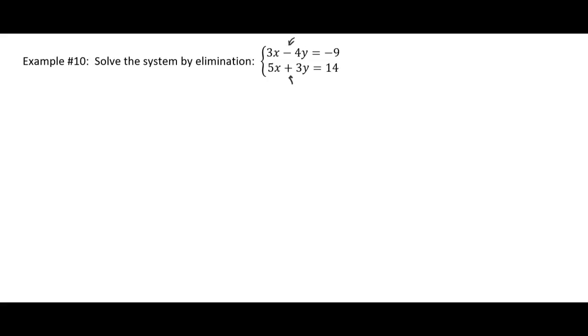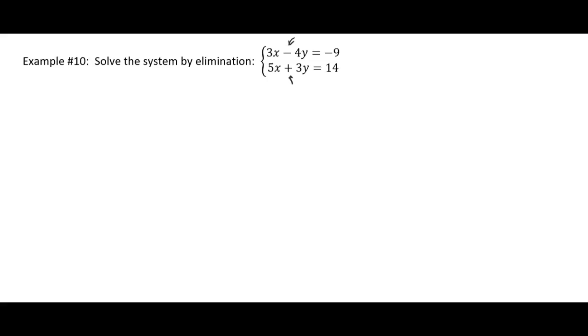I can choose the x, but it would be a different amount of work. And I don't think I'll do this problem twice. So I'm just going to do it once. Okay, the top equation, let me explain what happens. I can't eliminate the y's just by adding them together because negative 4 and 3 don't make 0. So I have to think of a number that both 4 and 3 will go into, the smallest number preferably.